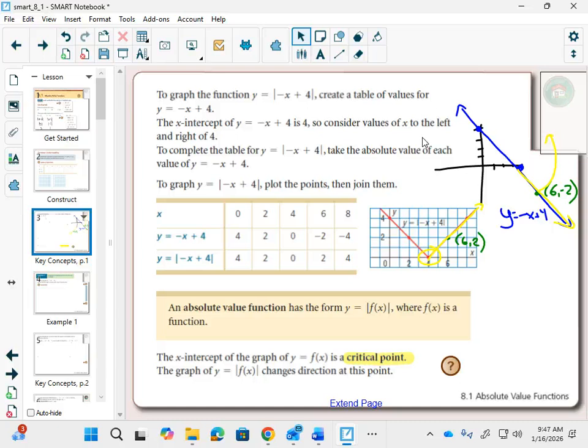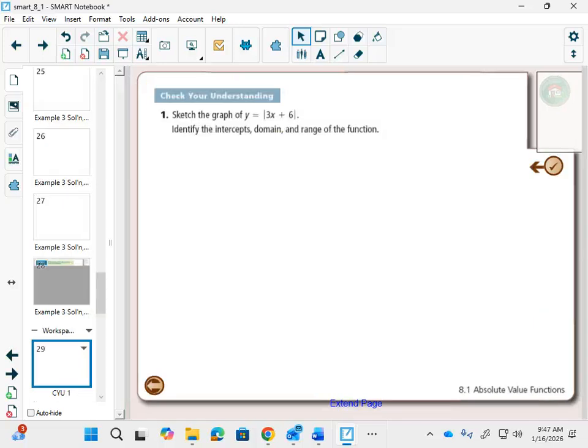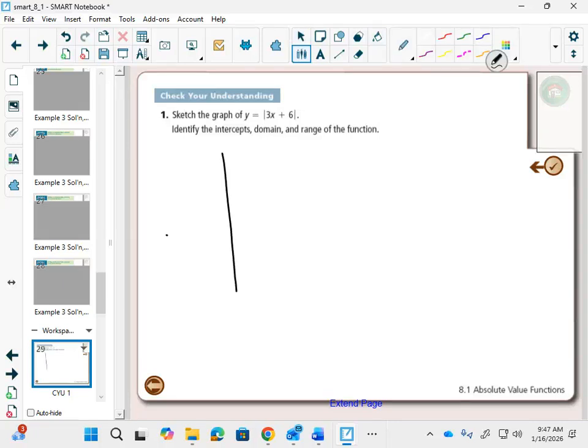So let's go to example 1. It says, sketch the graph of the absolute value of 3x plus 6. What I'm going to do first in blue is graph just a regular 3x plus 6. I know that my y-intercept, 1, 2, 3, 4, 5, 6, is at 0, 6.